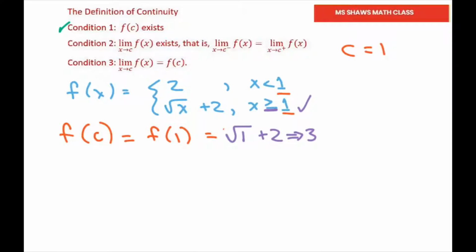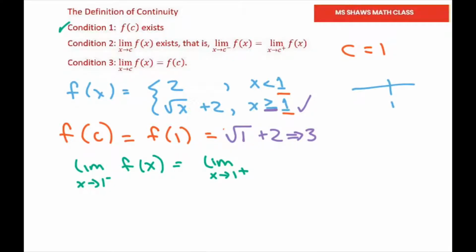So we try condition 2. Does the limit as x approaches 1 from the left of f of x equal the limit as x approaches 1 from the right? Again, here's your 1. So all numbers less than 1 as it approaches 1 are going to be 2.